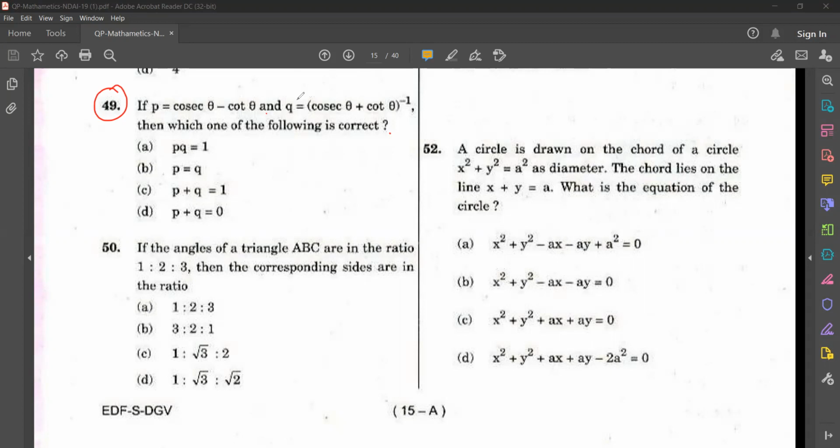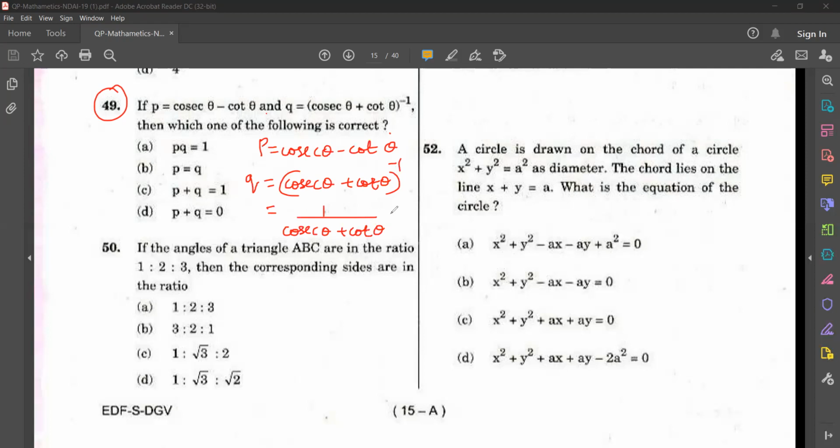So what they have given? They have given P is equal to cosec theta minus cot theta. What is Q? Q is equal to (cosec theta plus cot theta) the whole raised to minus 1, isn't it? So I can write this as 1 by (cosec theta plus cot theta) because the inverse is there.